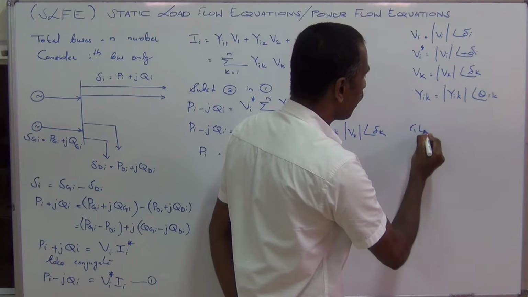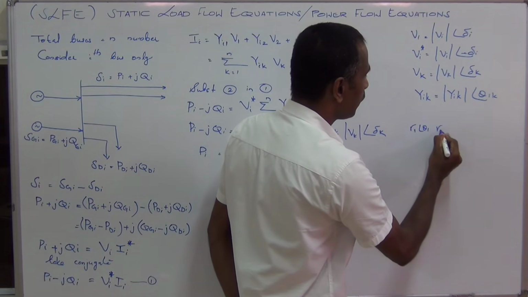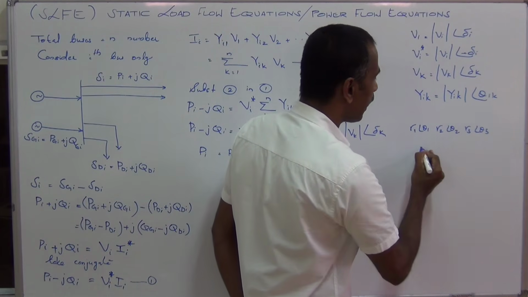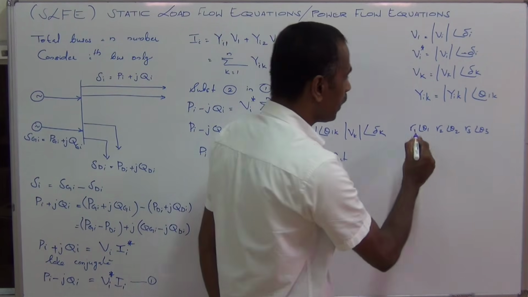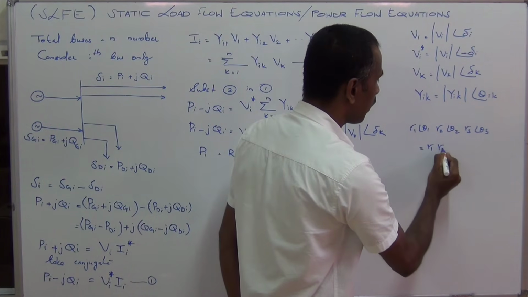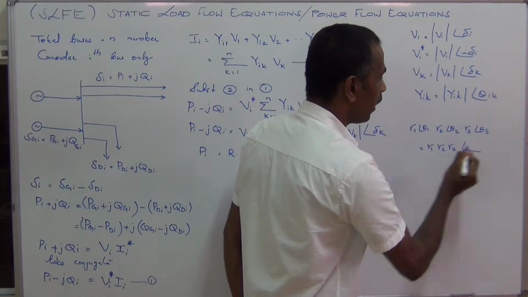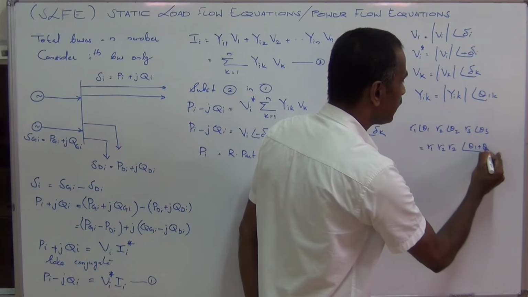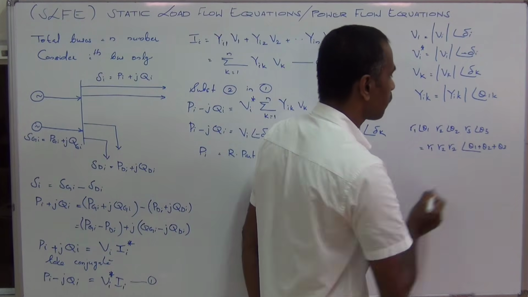As you know, R1 theta 1 into R2 theta 2 into R3 theta 3 can be written as the product of the magnitudes R1, R2, R3, angle, the sum of the angles, theta 1 plus theta 2 plus theta 3.